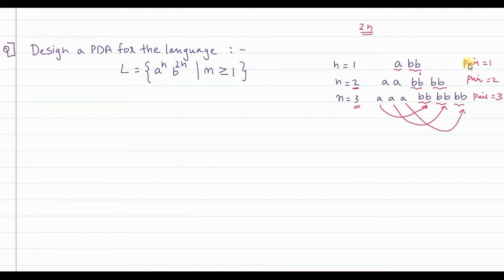The first observation is this: whichever string is accepted should be such that for every a there should be a matching pair of b's. The second observation is that only after all a's are exhausted, then b's would start. So the placement of a's and b's is also important.